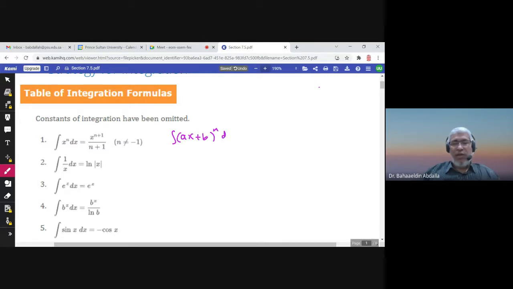So you can find the integral of ax plus b to the power n, and you will use the same formula ax plus b to the power n plus 1 over n plus 1, but you have to divide by a, the derivative of ax plus b.